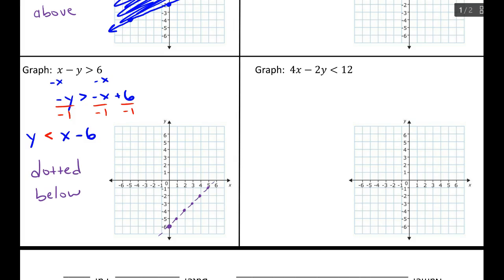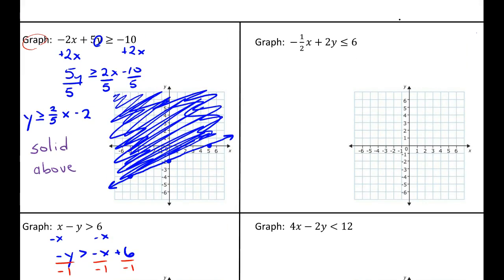And what I mean by this is that anything that is on that dotted line is not a solution. That's why we do it as a dotted line and not a solid line. And we want to shade below. Anything below that line is going to be a solution to that inequality. Great.